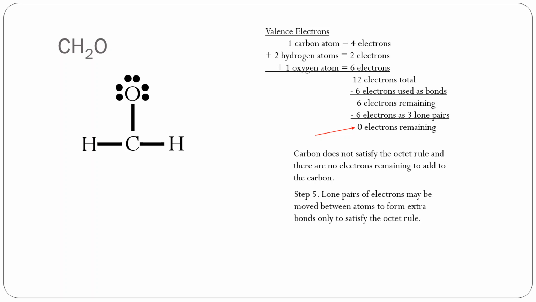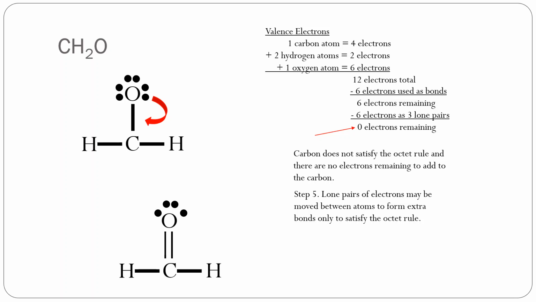Here we'll move to step 5. Lone pairs of electrons may be moved between atoms to form extra bonds, only to satisfy the octet rule. Here we are forced to move a pair of electrons from the oxygen in between the oxygen and carbon. This allows us to form the extra bond between carbon and oxygen.